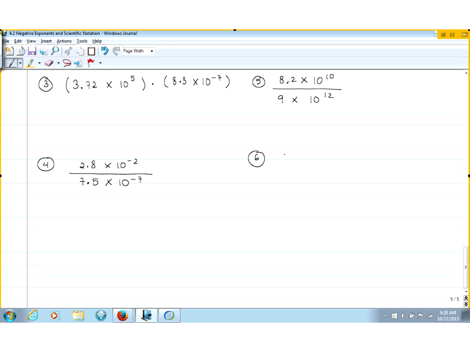And then number 6, we have 2.5 times 10 cubed multiplied by 6.2 times 10 to the 7th divided by 1.2 times 10 to the negative 12. Okay.